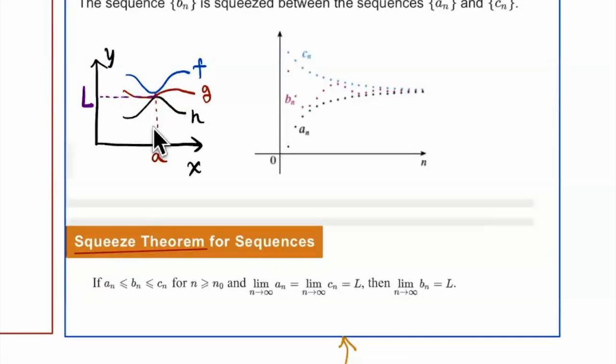Does it make sense? Because g is being sandwiched between f and h, if both of them approach L, then the one sandwiched by them has to go to the same limit.